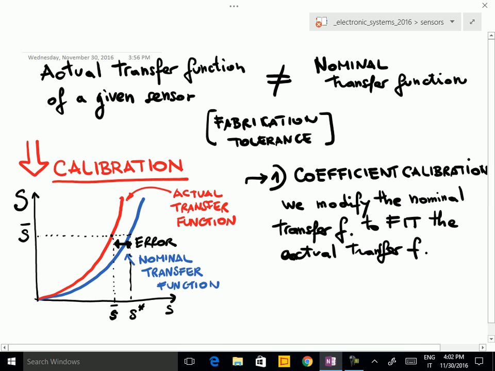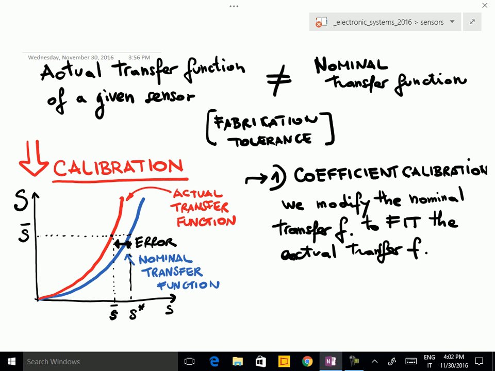Why do I say we only modify the coefficients? Because typically we have a description of the nominal transfer function. For example, in the case that I have drawn here, I can assume that the transfer function is a parabola, and then I have, for example, two coefficients of the parabola.